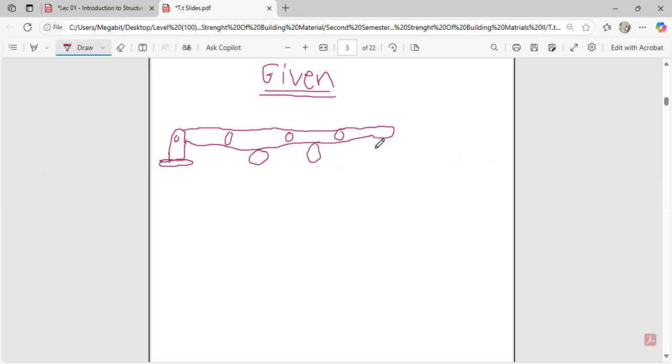This is a continuous beam, and this was our hinge. And this also is a hinge, and this also is another hinge. Okay, so let's say this is the question paper we are writing on now.